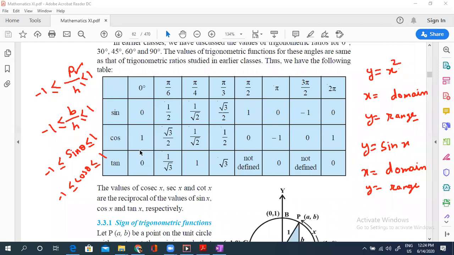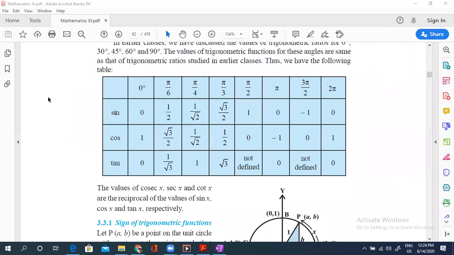Okay, very good. What about tan theta? Tell me. Tan theta. What do you think? See the table? Yes, see the table and tell me what is the range of tan theta.